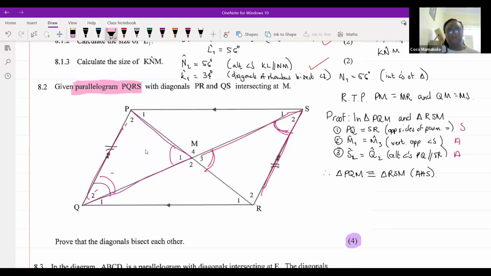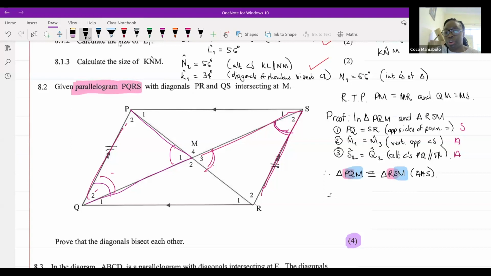If I know that, then I can say that PQ is equal to RS. We have that in our proof. I can also say, therefore, that QM is equal to SM, and that was one of the things we needed to prove.